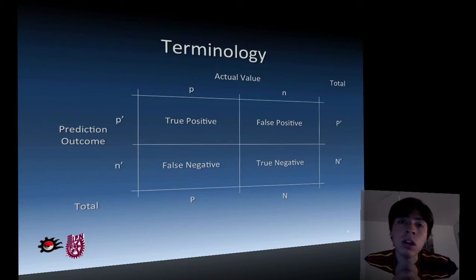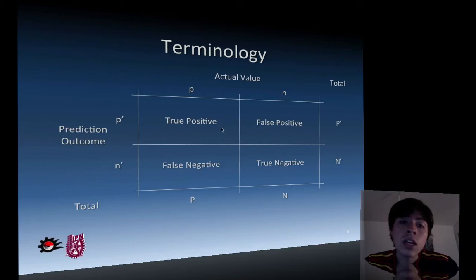In this case, we're going to analyze a patient's situation, whether they have or don't have a certain disease. For instance, I'm going to explain this a little better. If we predict that a patient has a certain disease, and in the long run it turns out that this patient actually has the disease, then we have a true positive.